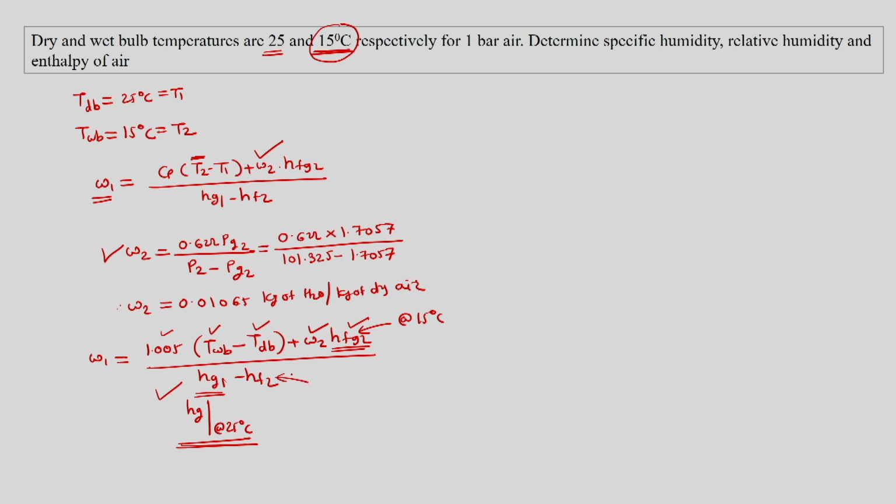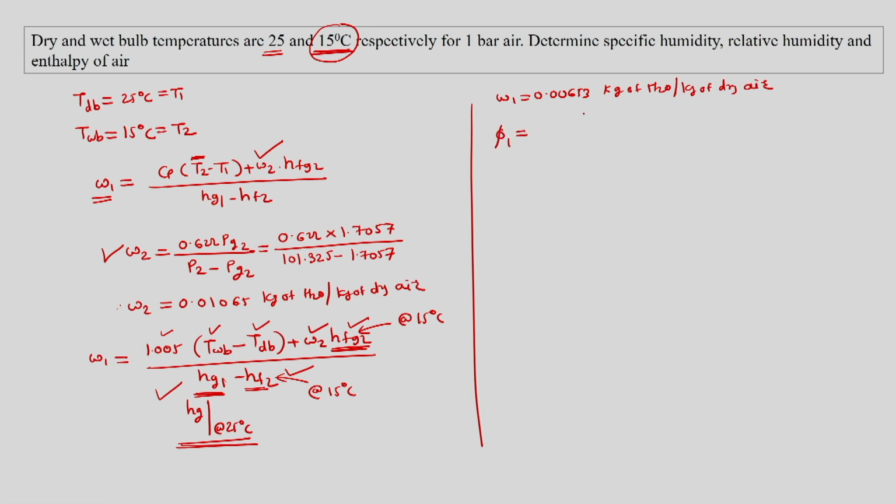This is the liquid saturation enthalpy at 15 degree Celsius, which would also be found from the steam table. So we will open the steam table, find out HFG2, Hg1, HF2, and then find out omega 1, and this omega 1 is 0.00653 kg of H2O per kg of dry air.